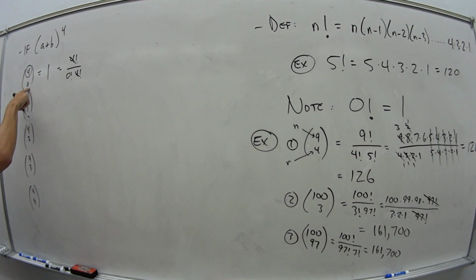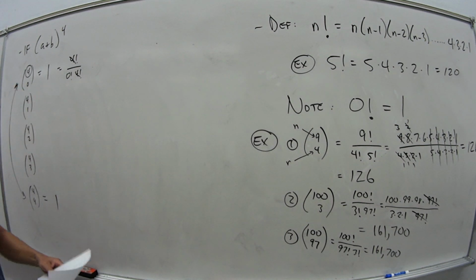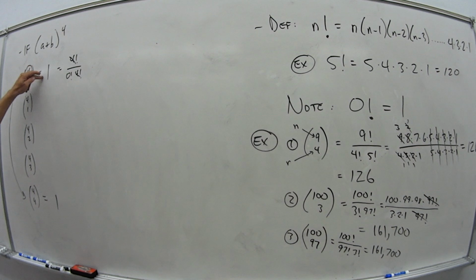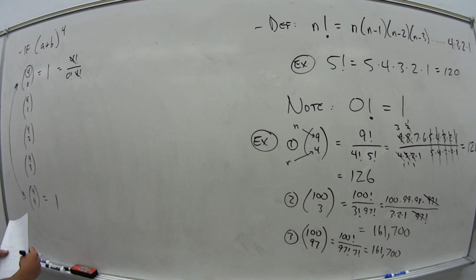So anything choose 0 is always 1. And similarly, n choose n is also 1. Because remember, just as I have 100 choose 3 is the same as 100 choose 97, the same happens here. 4 choose 0 is the same as 4 choose 4, which is 1.